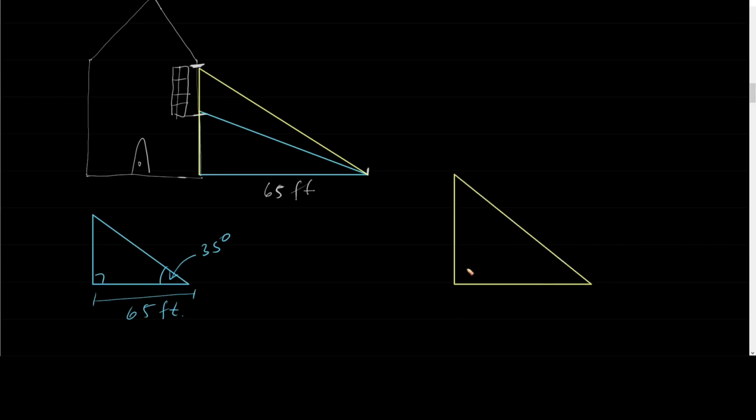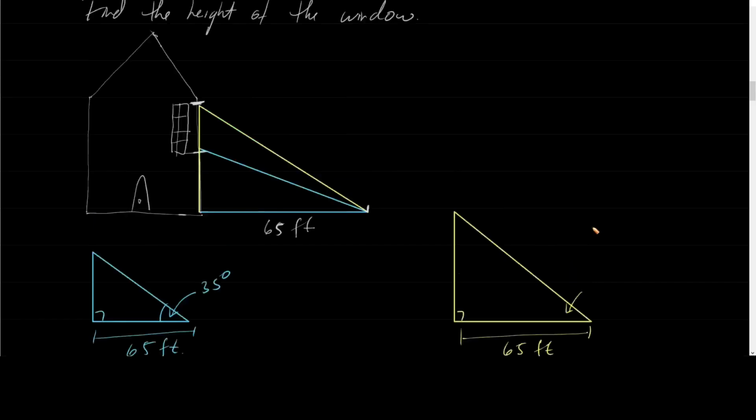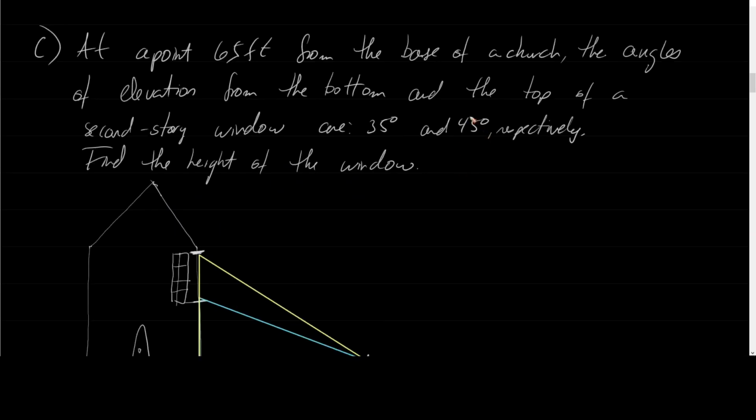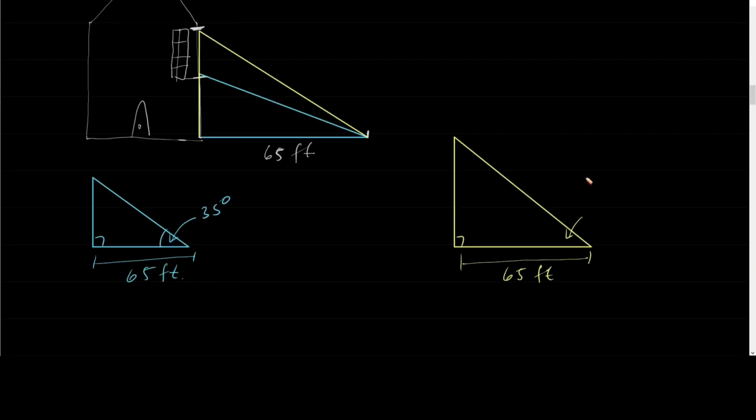Where this right here is a 90-degree angle, and we're looking at this distance right here also being 65 feet, but now this angle, what was it? It was 45 degrees. So that angle right there is now 45 degrees.